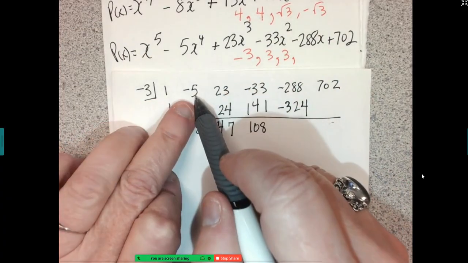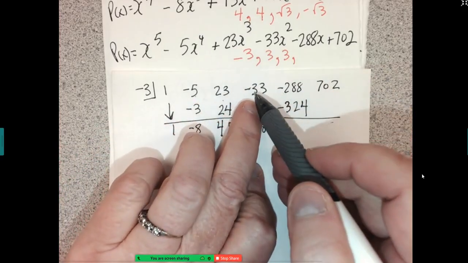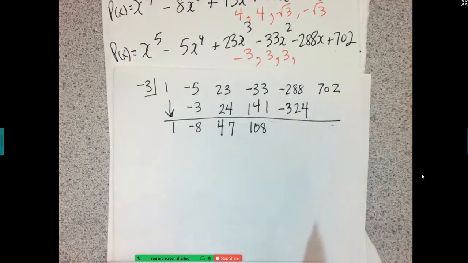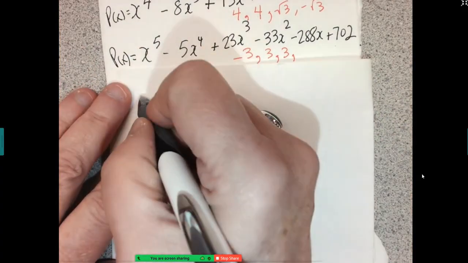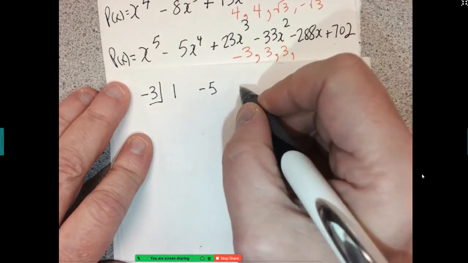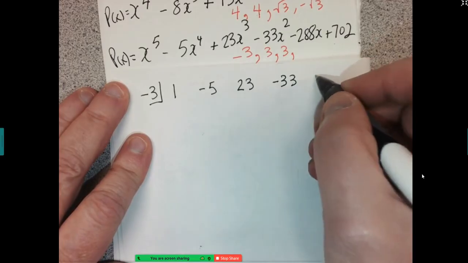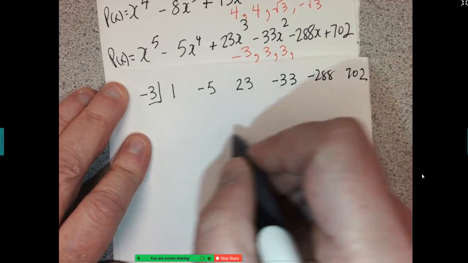I have negative 5, then I have 23, then I have negative 33, negative 288, and positive 704. Try it again. That didn't look like it was going to give me 0.